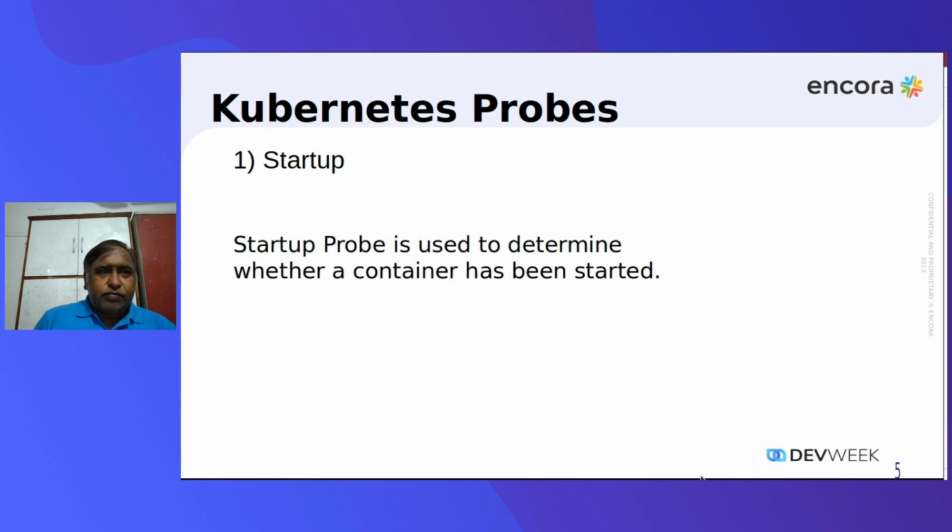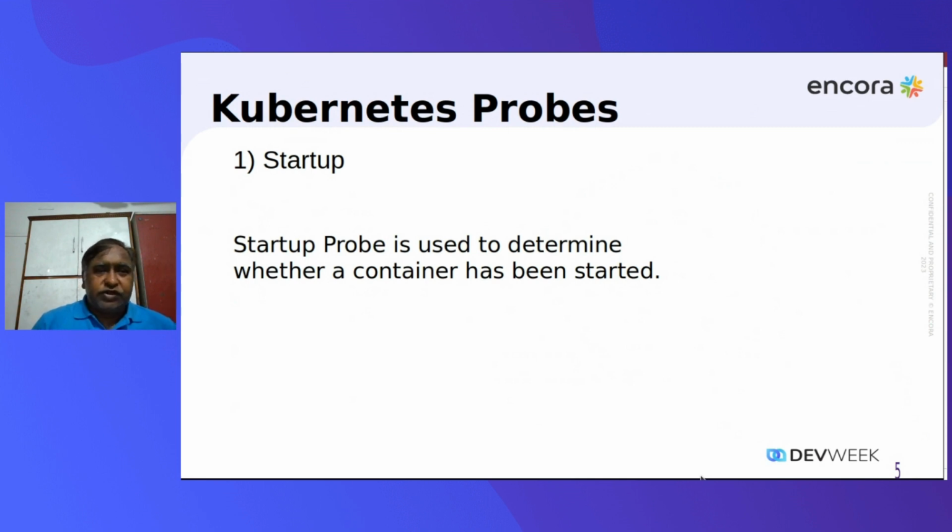So the first probe is the startup probe. Basically, when the container starts inside the Kubernetes cluster, it maintains the state in the startup probe. If the container is fully started, then the startup probe is going to give the true value as the output.